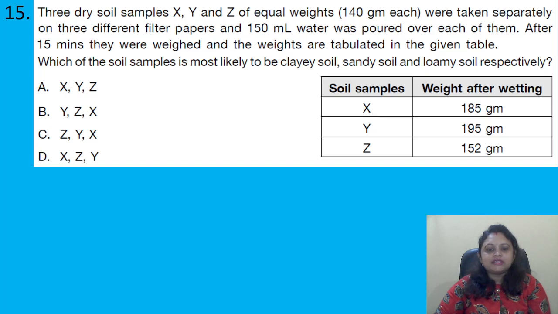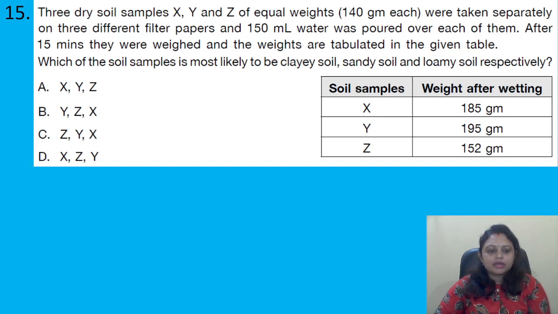Which of the soil samples is most likely to be clayey soil, sandy soil and loamy soil respectively? Weight after wetting: X 185 gram, Y 195 gram, Z 152 gram. Options are A XYZ, B YZX, C ZYX, D XZY.